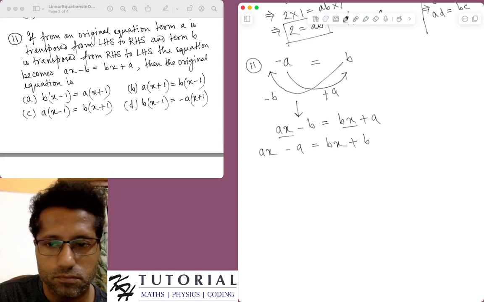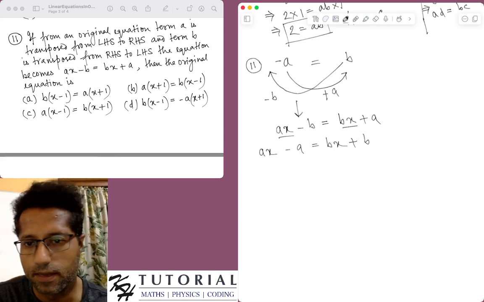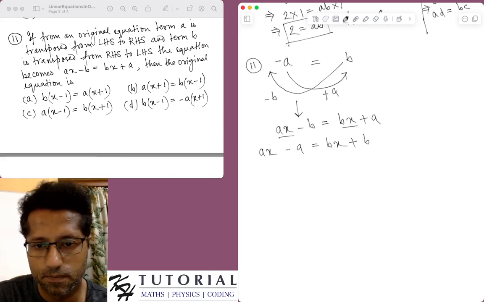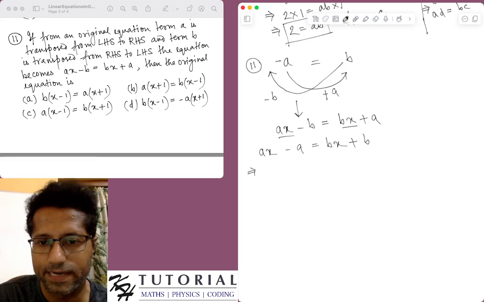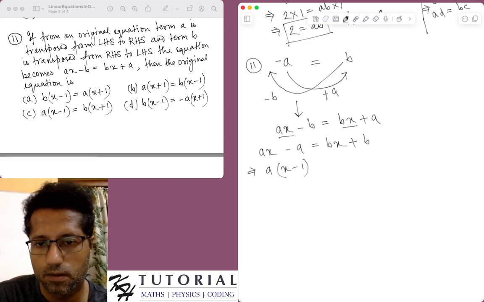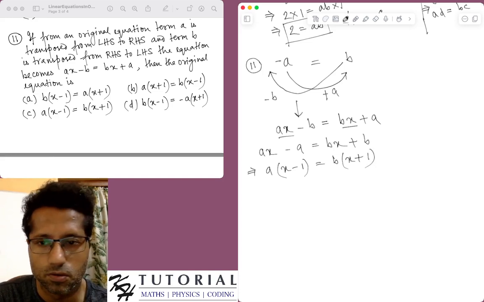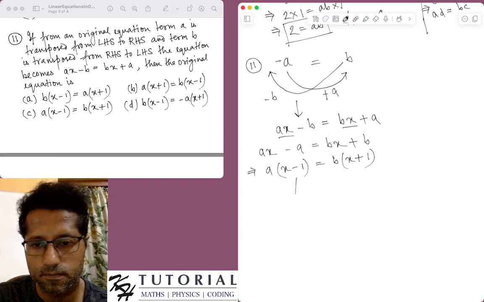So if I take a common from the LHS, I get a into x minus 1, and from the RHS, if I take b common, I get b into x plus 1. So this matches with choice C.